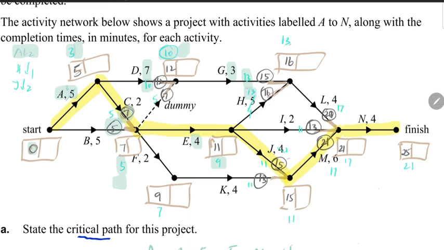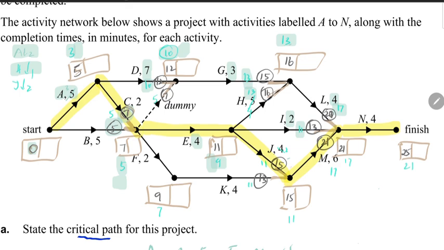And so we choose 13, and so we've done one reduction of H. Now let's come along the path again that we think can't be reduced, not on the critical path. So 13 plus 4 is 17. Now let's come along I. 9 plus 2 is 11.